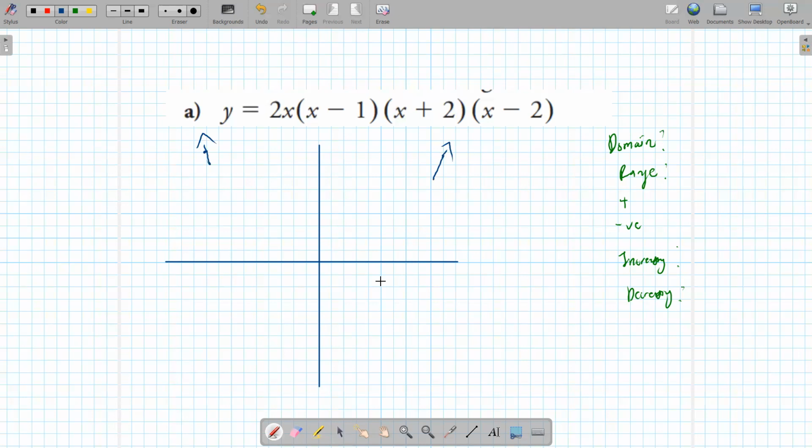Fourth degree means it can have up to 4 zeros, 4 x-intercepts. One of them is at 1. Where are the other ones? 2 and negative 2. There's one more.